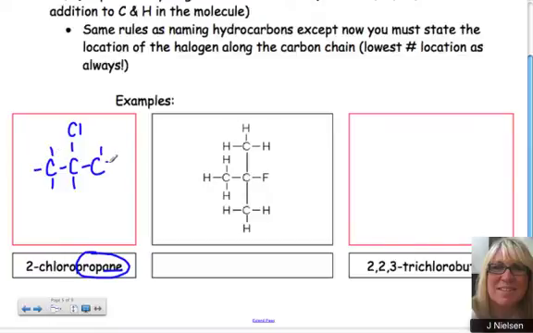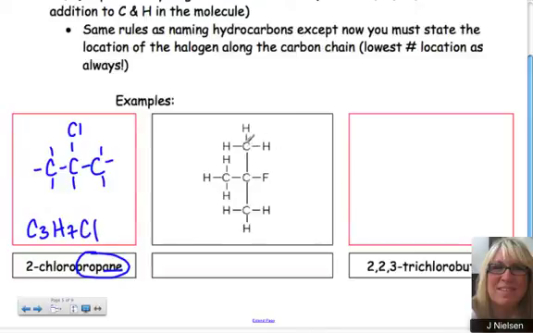And then the rest of our spots are occupied by hydrogen. So this is 2-chloropropane. If I want to write the molecular formula, I have C3. Normally if this was just propane, our hydrogens would be double plus 2, so 3 times 2 is 6 plus 2 is 8. But we substituted one of those hydrogens for a chlorine, so it's H7Cl.